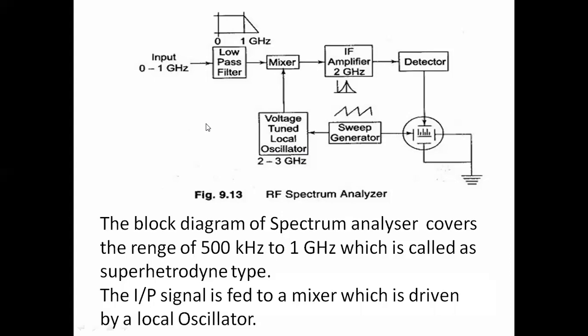Before applying to the mixer, the input, which has different frequency components, is applied to the low pass filter. The low pass filter allows signals up to 1 gigahertz only.